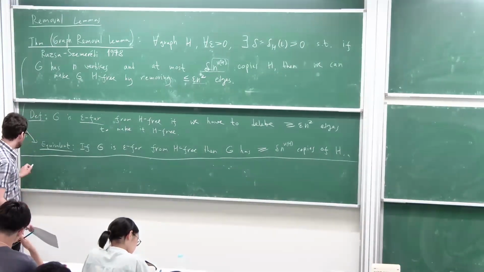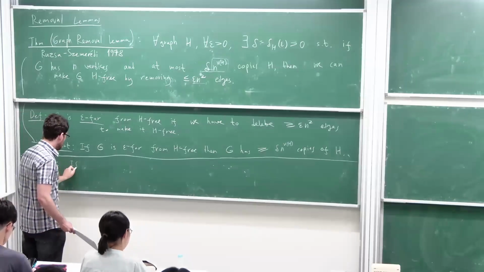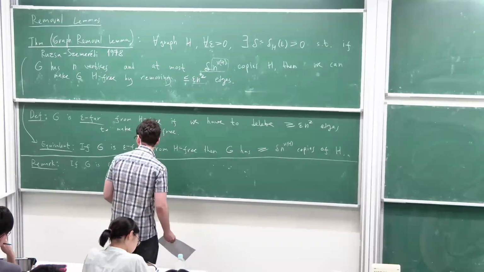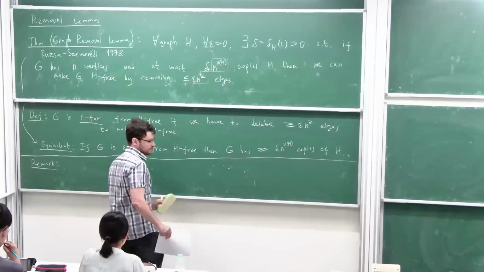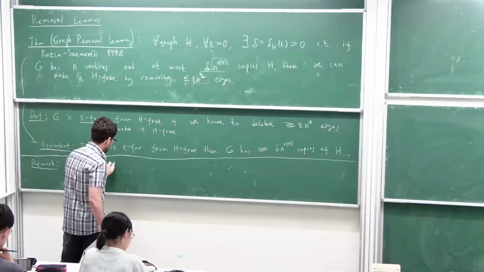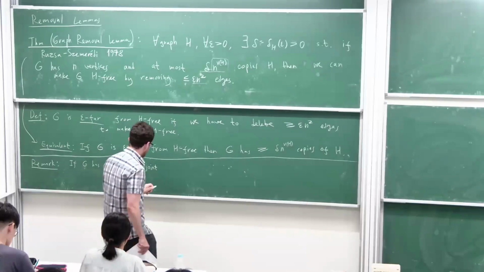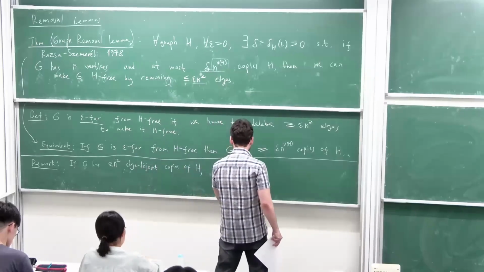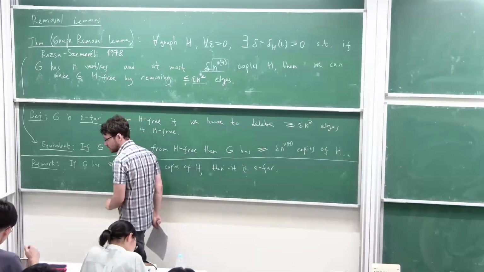One remark I want to make: if G has epsilon n squared edge-disjoint copies of H, then it is epsilon-far. Edge-disjoint means that these copies share no edges.